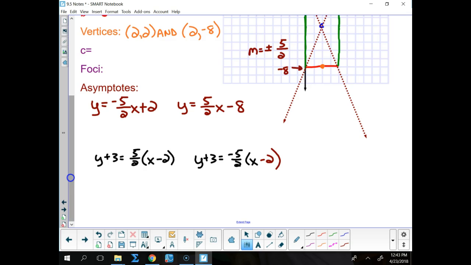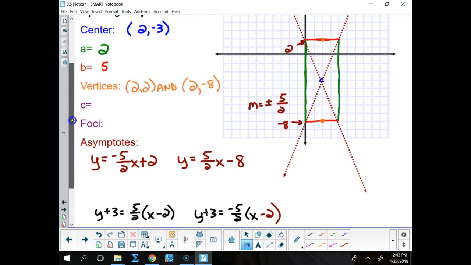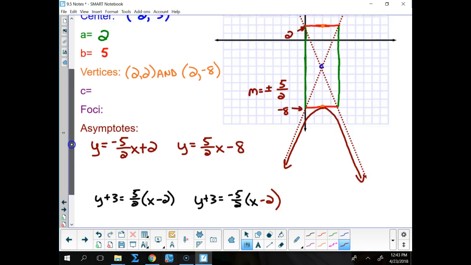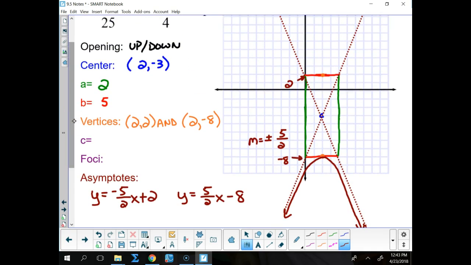And then solve those. We can draw it in. Agreed?